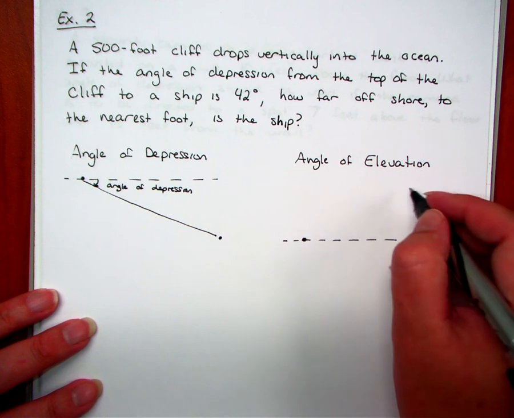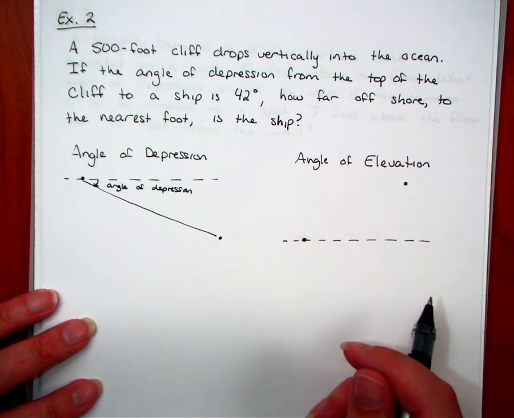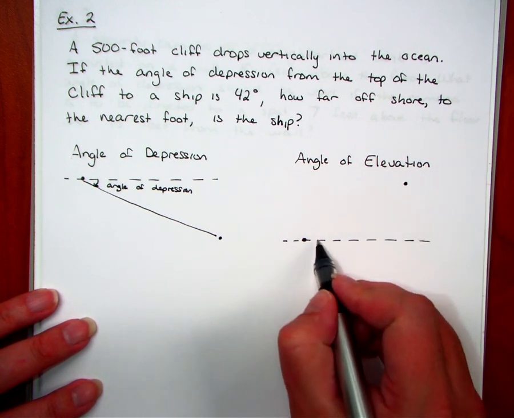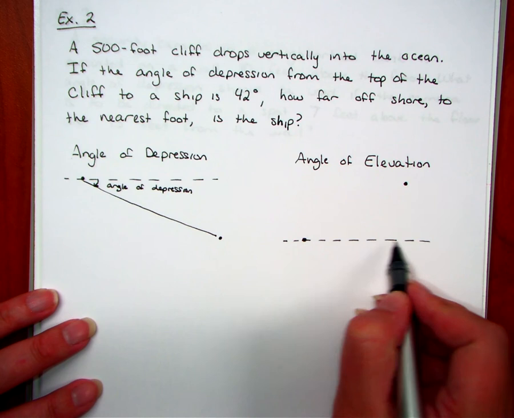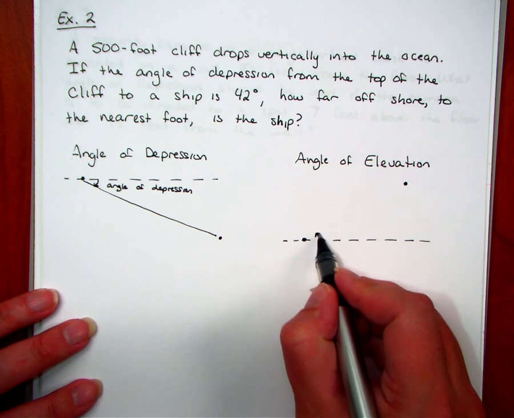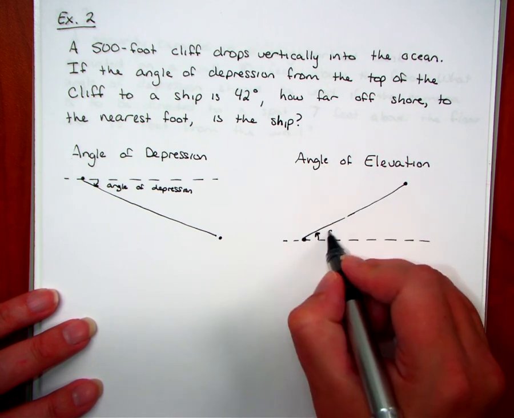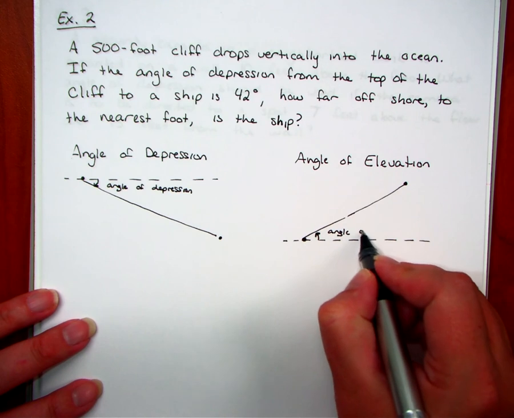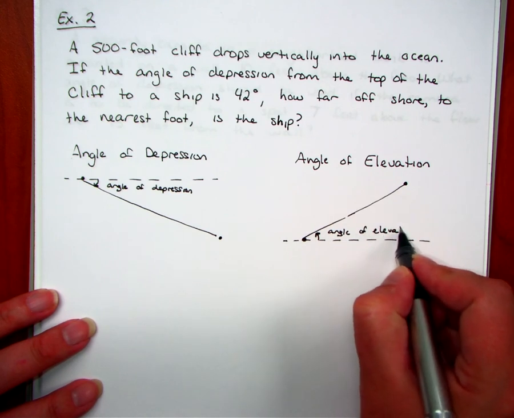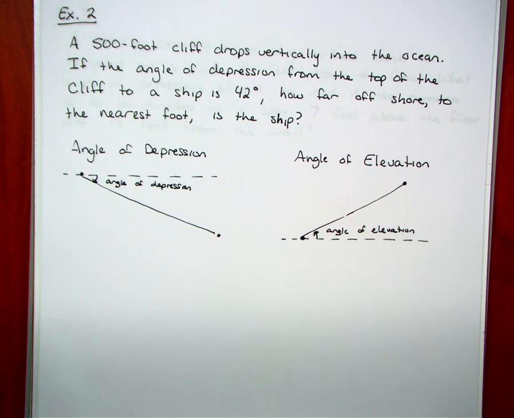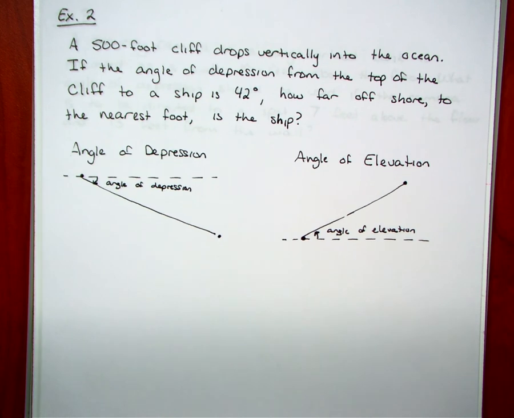So if this person were to be looking up, then we have an angle of elevation being from this horizontal line rotated up to get to that line of sight. Right. So make sure you're labeling the angle correctly when you draw this picture.